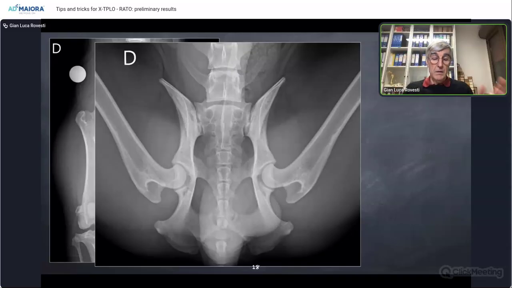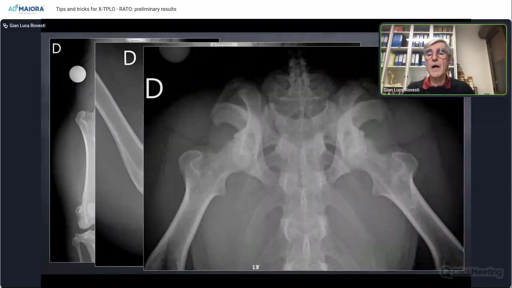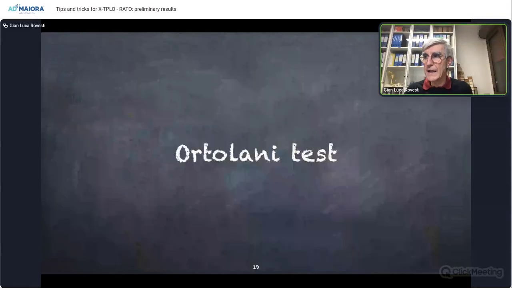Then frog position, I should be able to understand if the head of the femur will get back to its position into the acetabulum, and dorsal acetabular rim DAR projection.